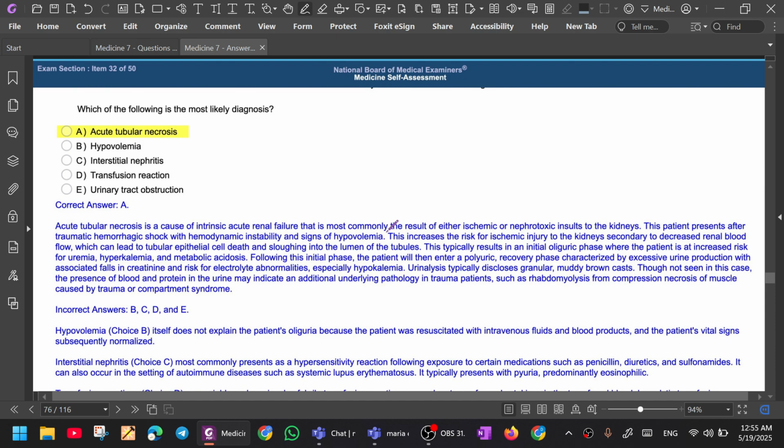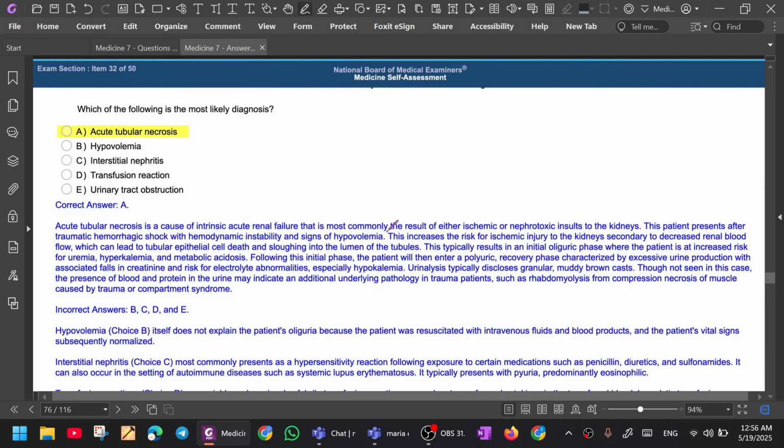For pre-renal, intrinsic renal, or post-renal azotemia, we actually look at four things: urine osmolarity, urine sodium, FeNa, and serum BUN to creatinine ratio. In pre-renal azotemia, usually urine osmolarity is more than 500 and urine sodium is less than 20, FeNa is less than 1, and BUN to creatinine ratio is more than 20.